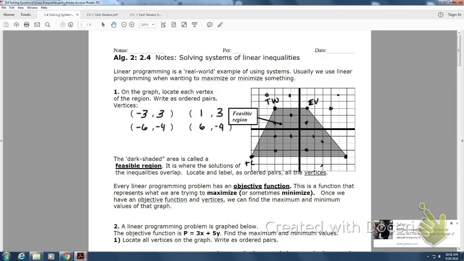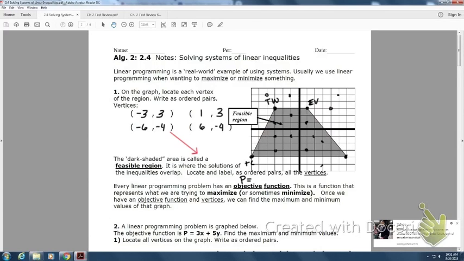Okay. So, coming down here, the problems that you're going to have an objective function. This is used to maximize or minimize something. Once we have the objective function and the vertices, we can do that, which is what we'll do on the next problem. The objective function, you will know it's the objective function because it will start off with P equals, and it'll have X and Y in there.